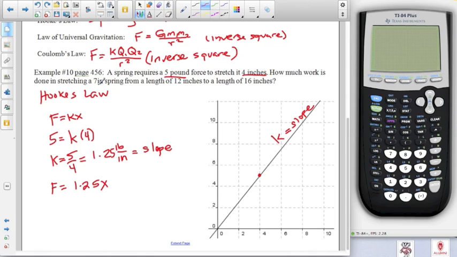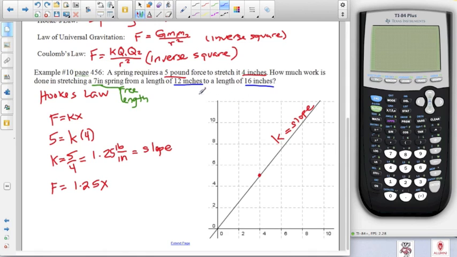And we know the spring is 7 inches. Okay, so the 7 inches is the free length. And it says here in the problem, we want to stretch it from a length of 12 to a length of 16 inches. Okay, and that's the total length of the spring.